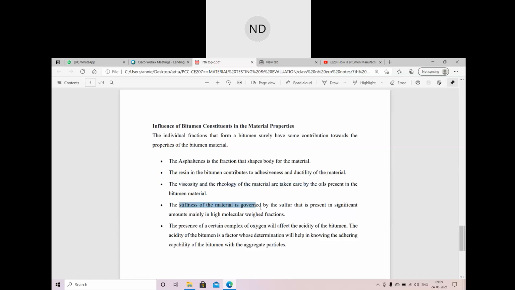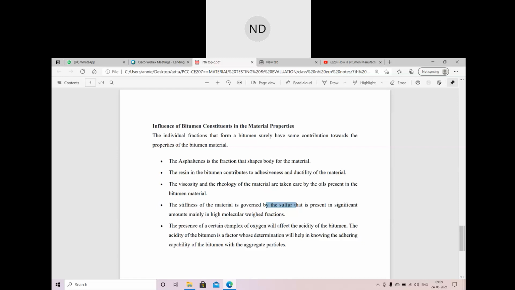Then the stiffness of the material is governed by the sulfur that is present in significant amount, mainly in high molecular weight fractions. So your stiffness is governed by the sulfur. Then the presence of a certain complex of oxygen will affect the acidity of the bitumen.